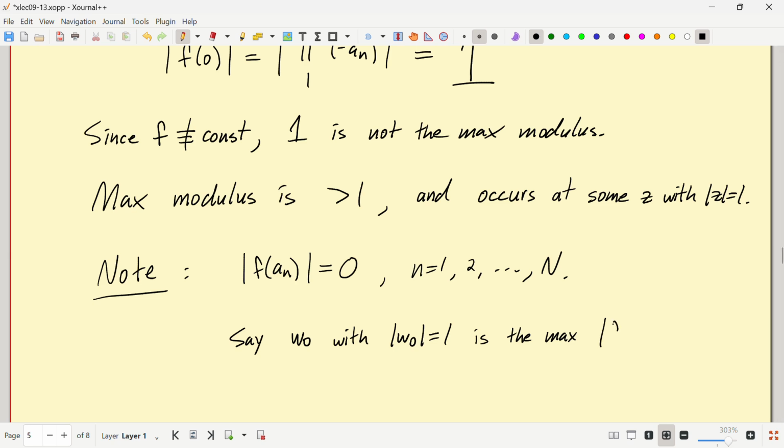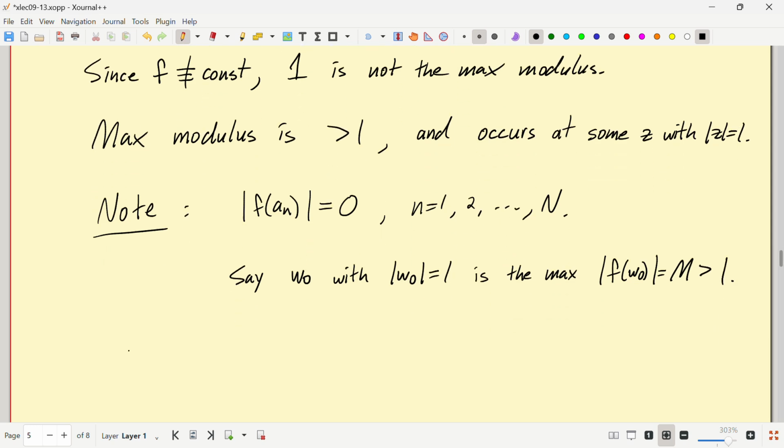That means that f of w_0 has modulus m, and that's bigger than 1. And now the breakthrough is to say the intermediate value theorem, because we've got a continuous real valued function.